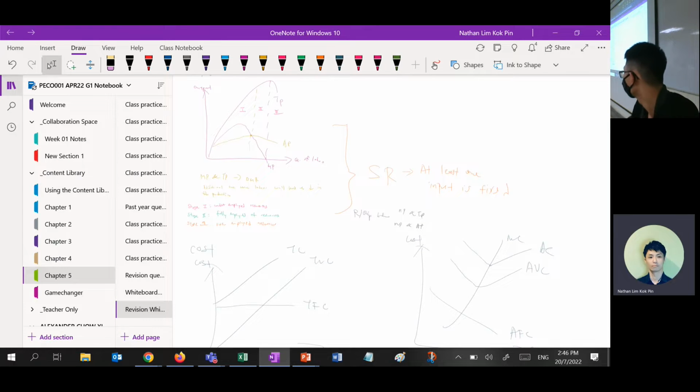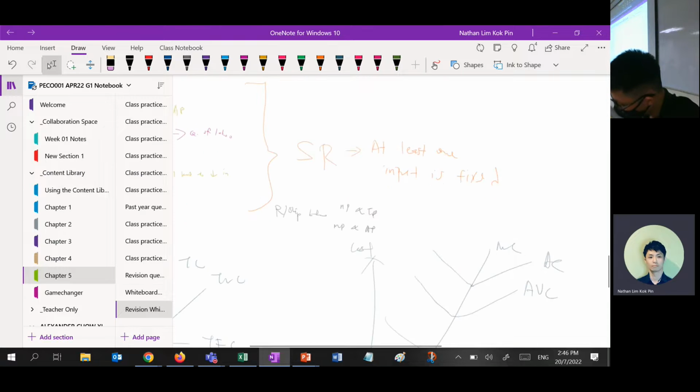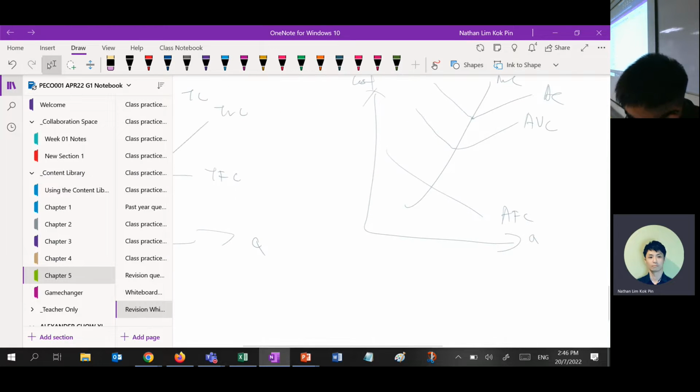The relationship between MP and TP and MP and AP: when marginal product is positive, when marginal product is negative, when marginal product is equal to 0, when marginal product is increasing but positive. Calculation, do you need me to show you formulas?